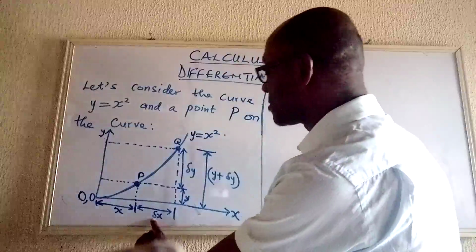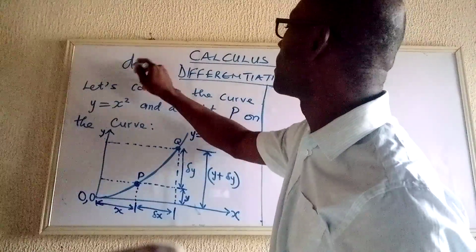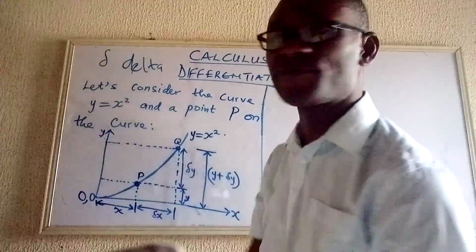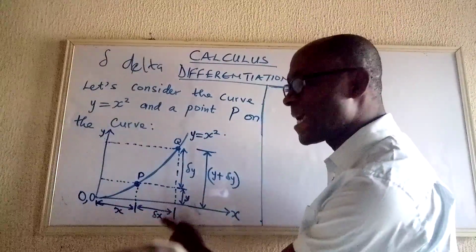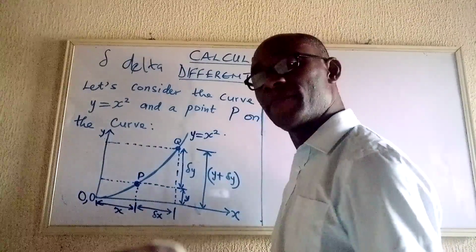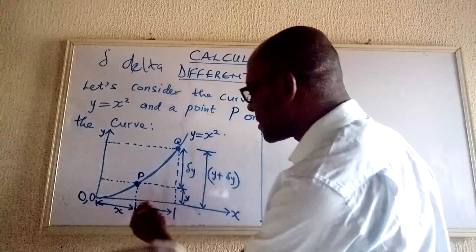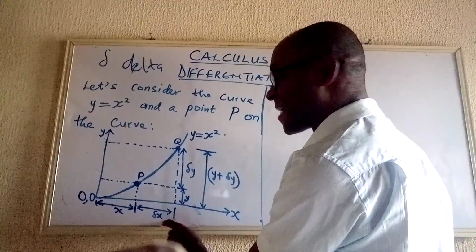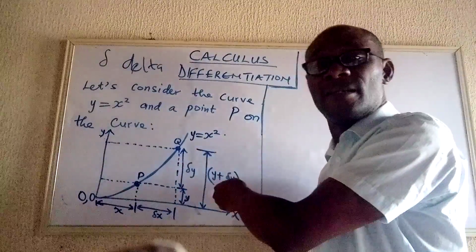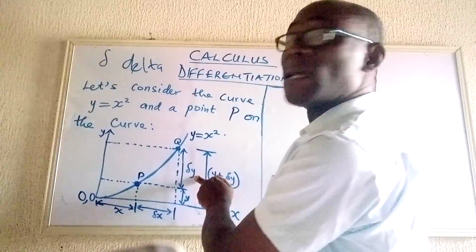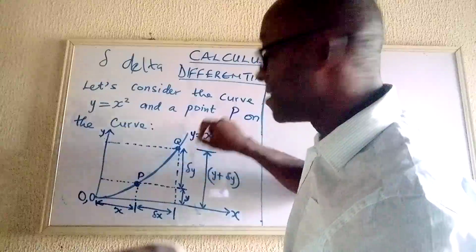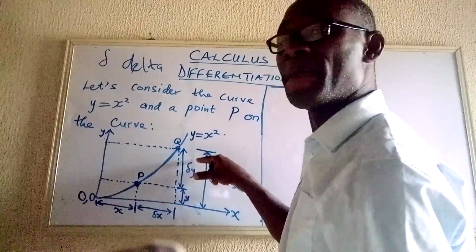This symbol is called delta. But delta x is a single entity. It simply means increment in x. So definitely once the value of x has increased by delta x, value of y also must have increased by delta y, which is this. From here to here is the increment in y, which is delta y.